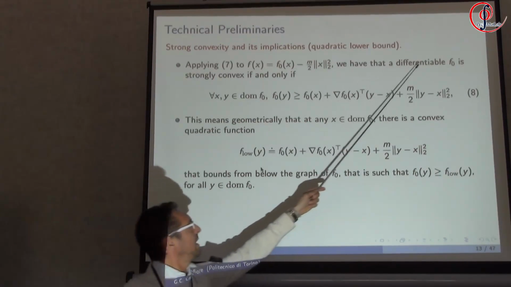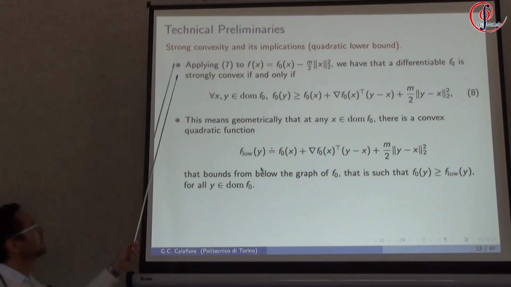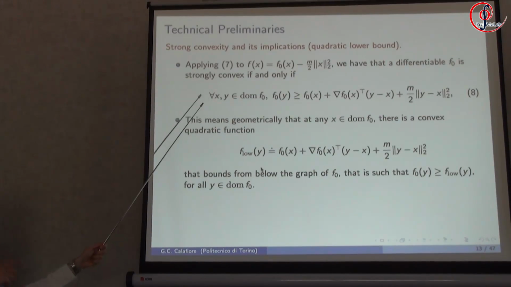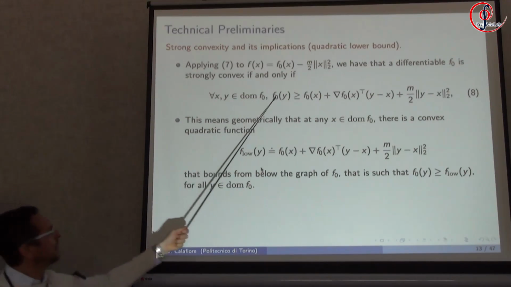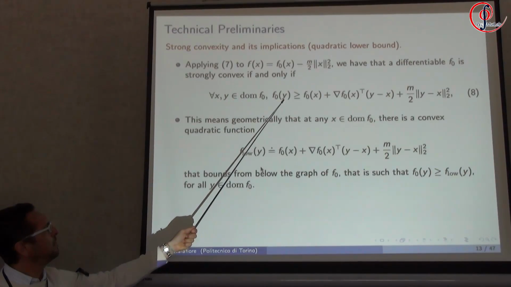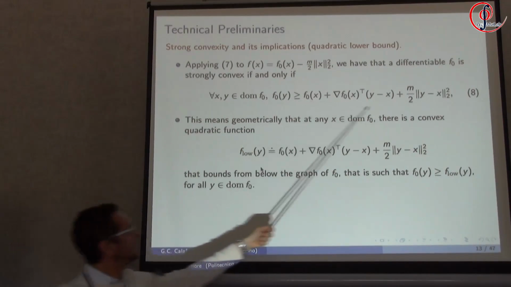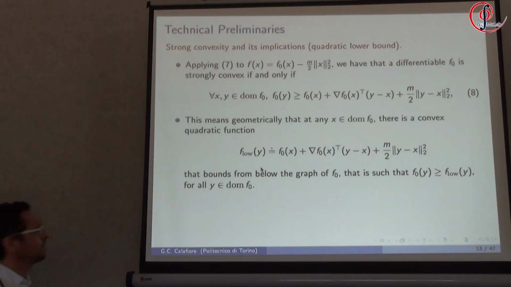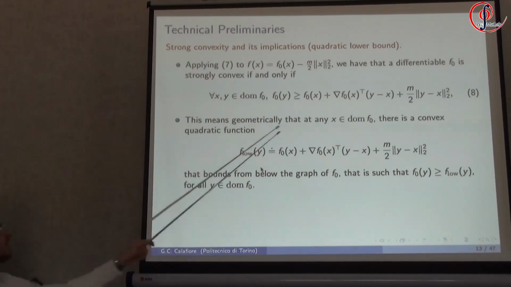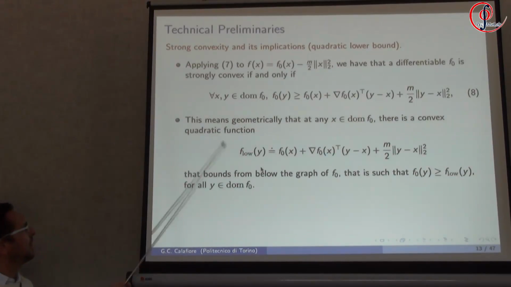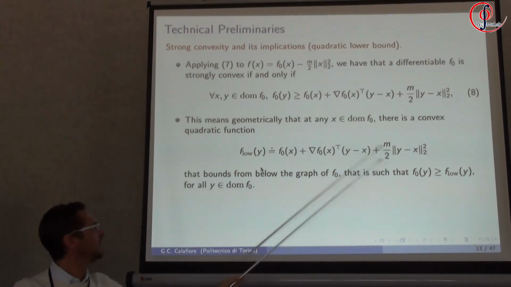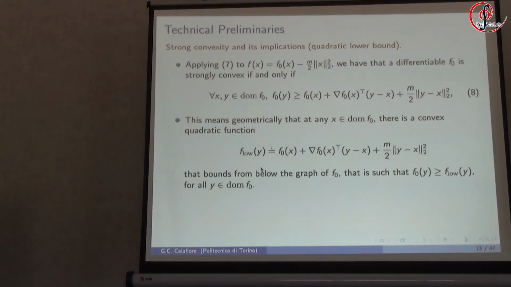We have that f0 is differentiable and strongly convex if and only if it holds that f0 at any point y is greater than this quantity here. So this means that at any point there is a convex quadratic function that bounds from below the graph of f0.